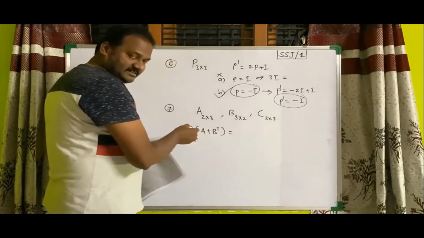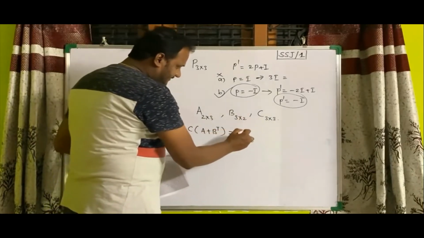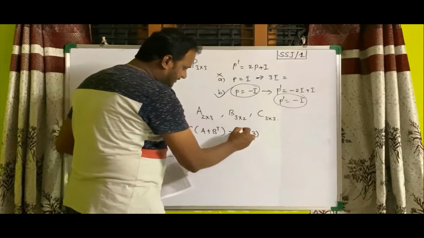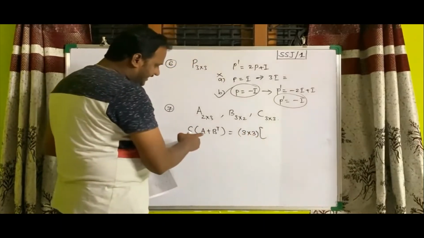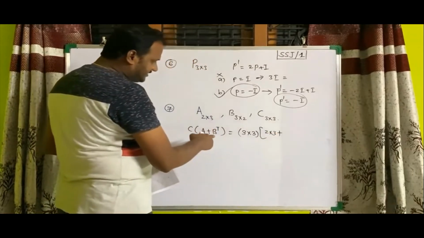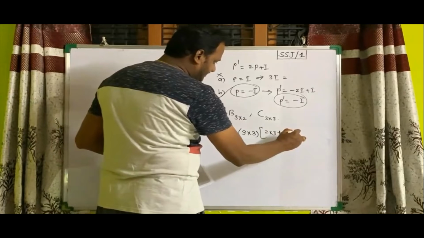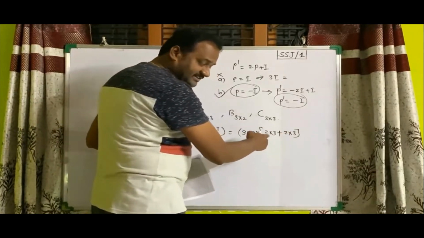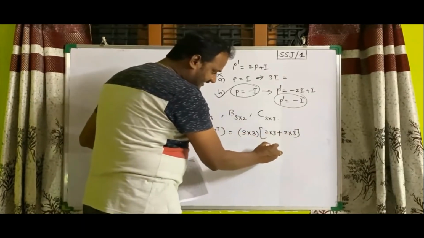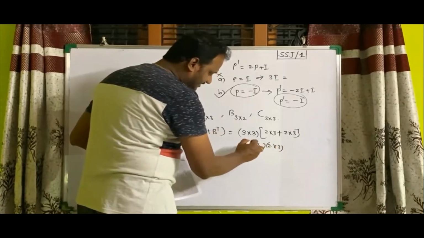So let us see C times A plus B transpose. Let us go by the orders. What is the order of C here? 3 by 3. So 3 by 3 should be multiplied by A. A is 2 by 3 ordered matrix plus B transpose. B transpose, B being 3 by 2, is 2 by 3. So when you add a 2 by 3 matrix with a 2 by 3 matrix, you will again get a 2 by 3 matrix, into a 3 by 3 matrix.